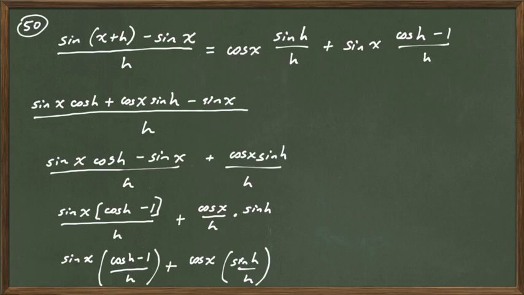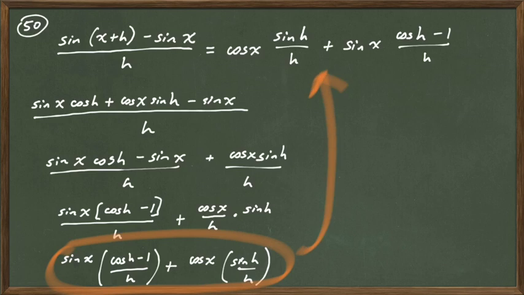So I factored the sine x out, giving me this. And then I kind of just separated it. This is over 1, top times top, bottom times bottom. And I don't know if you can see because it's in a slightly different order, but that does match this.